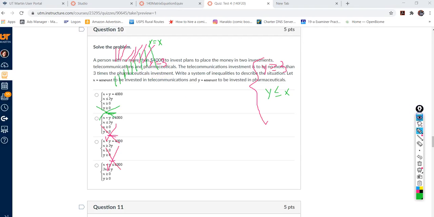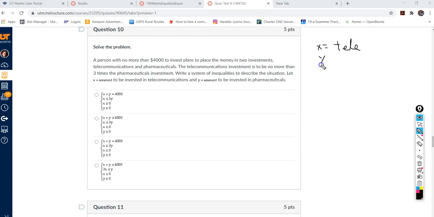Okay, so what I'm going to do is let X be telecommunications because it mentioned it first, and Y is going to be pharmaceuticals because that was mentioned second. I'm trying to write with a mouse and it's not easy at all. Okay. Write a system of inequalities to describe the situation.